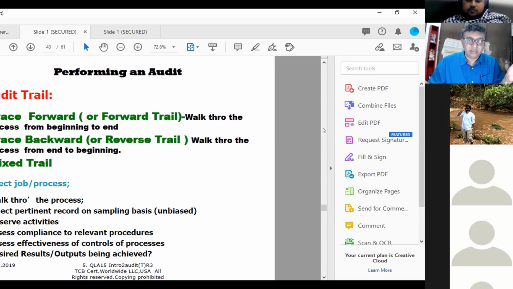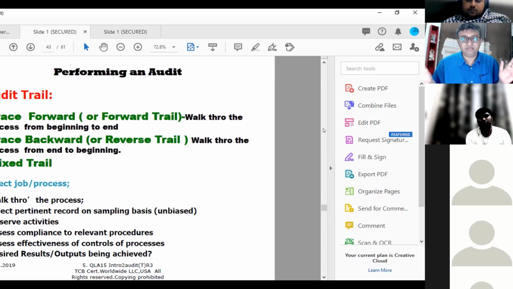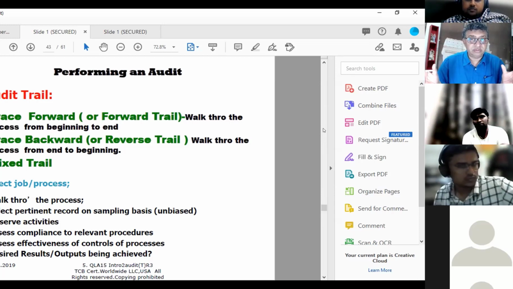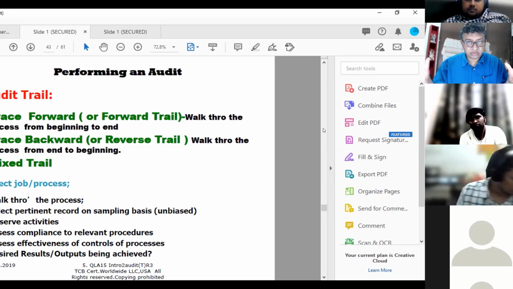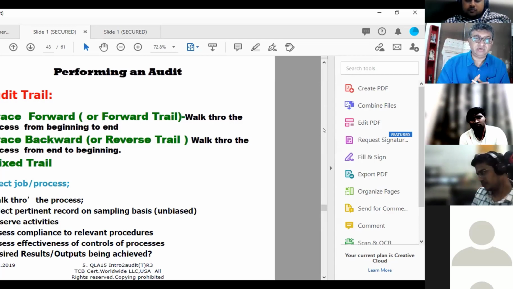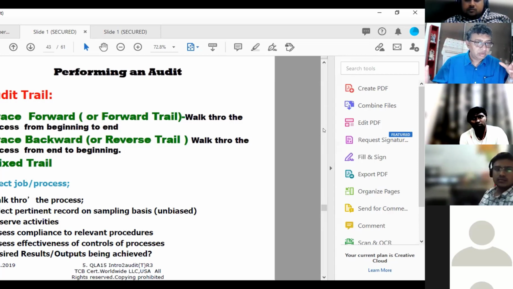So you are mixing trace forward and trace backward. You should take at least 2 samples because by doing that, you ensure that you have covered different variables, the different time spans. Something was done in January, something is done in June, and both time spans have been covered. So it was good at that time, and the same good at this point of time also.